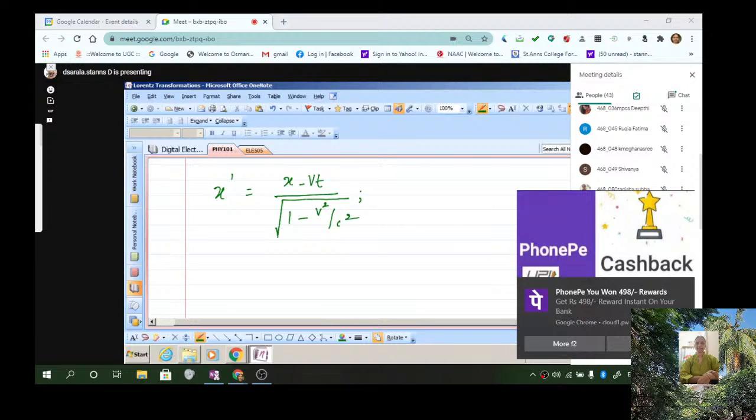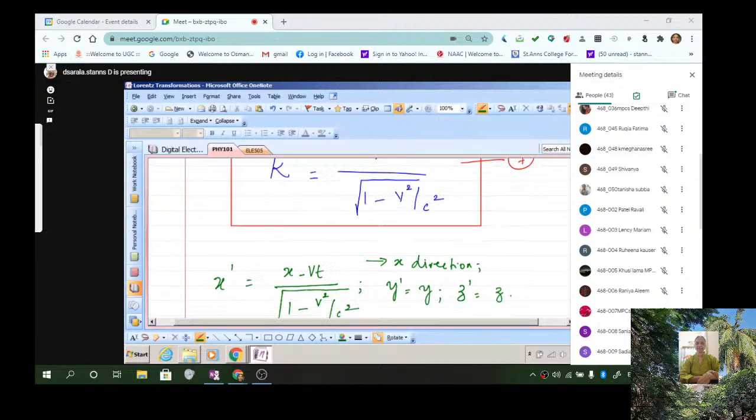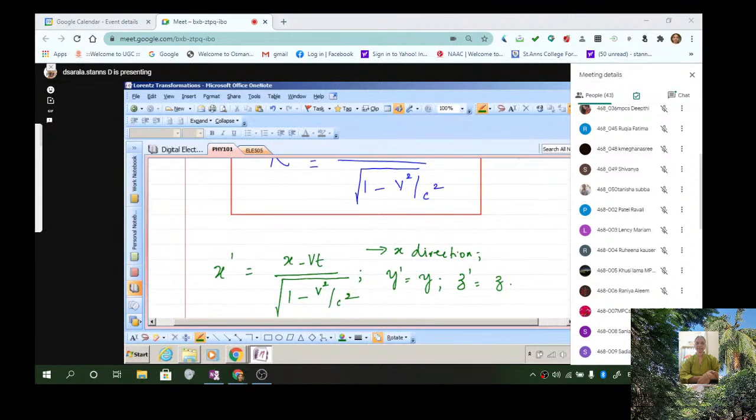As before, we are assuming that the frame is moving along the x direction only. When it is moving only along the x direction, there is no change along y, so they remain the same, and hence we write it like this. So these are your equations. Maybe you can write them all together as 8.